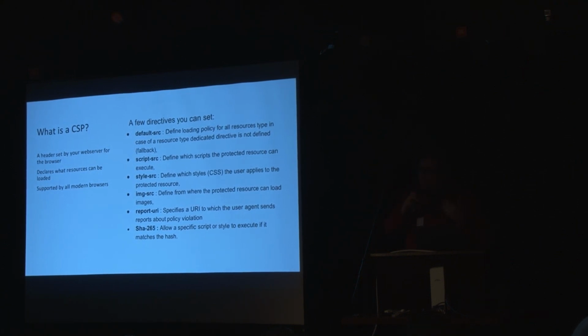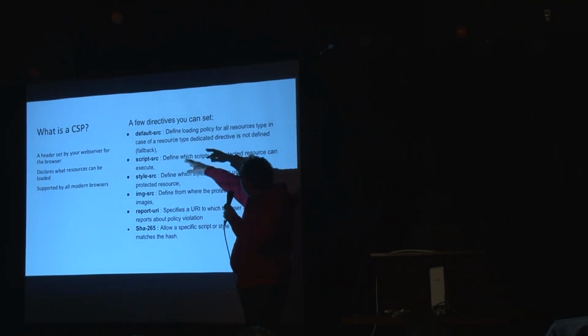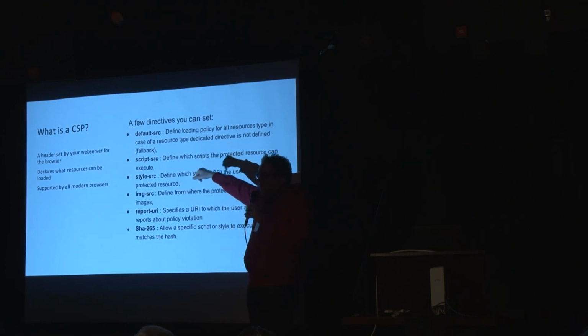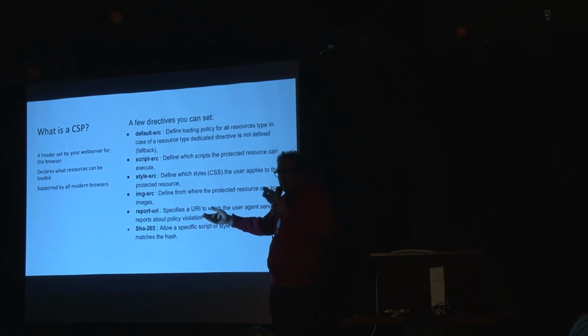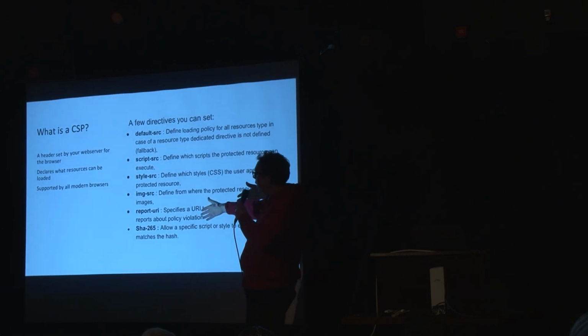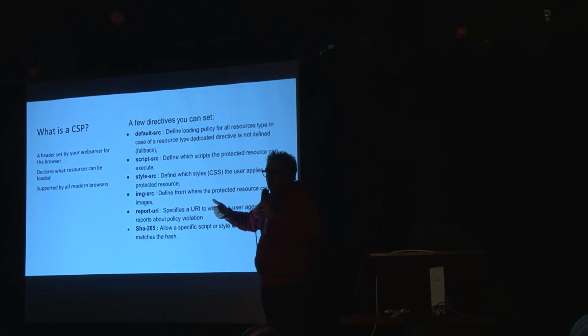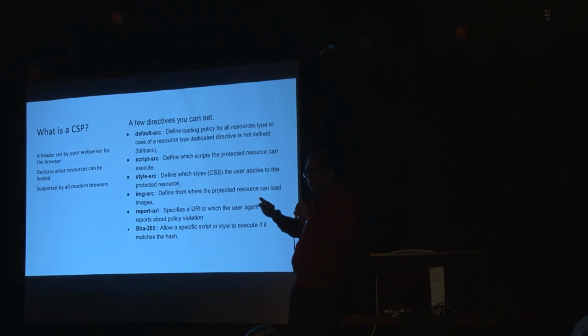It's a whitelist or a blacklist of what you allow people to connect to. There are a lot of directives within the header you can set. Anything that ends in SRC takes what's called a source list. It's a list of domains that you allow the browser to connect to for those particular types of objects. So style-src is the list of domains that you want the browser to connect to to get a style sheet.